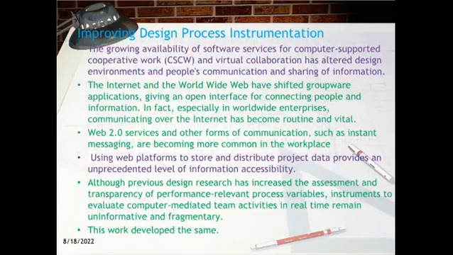Improving design process instrumentation. The growing availability of software services for computer-supported cooperative work, CSCW, and virtual collaboration has altered design environments and people's communication and sharing of information. The Internet and the World Wide Web have shifted groupware applications, giving an open interface for connecting people and information.